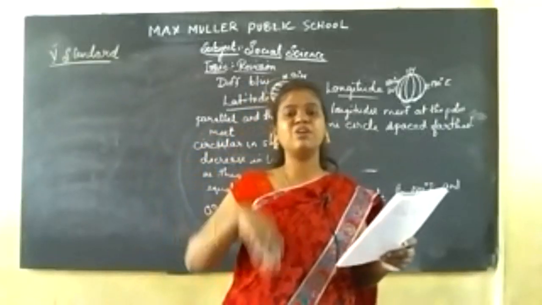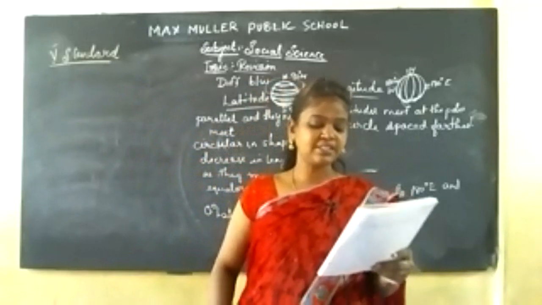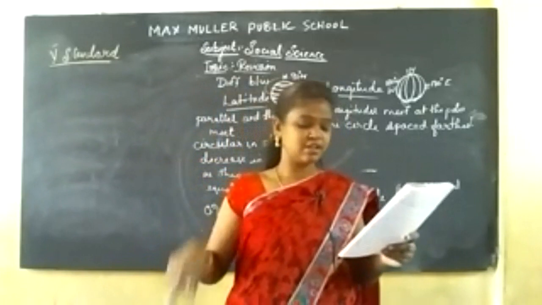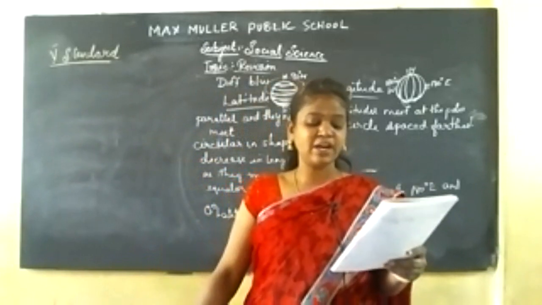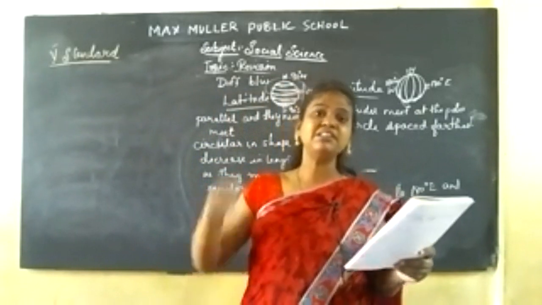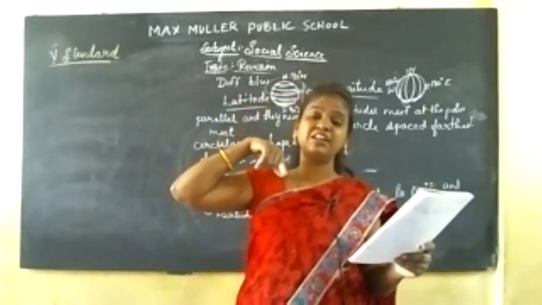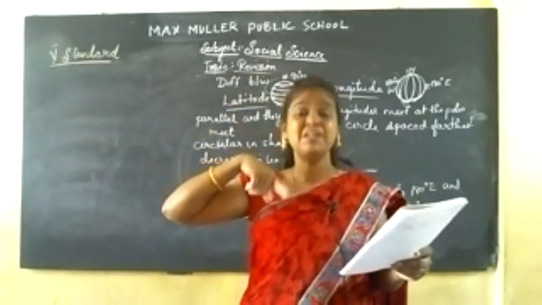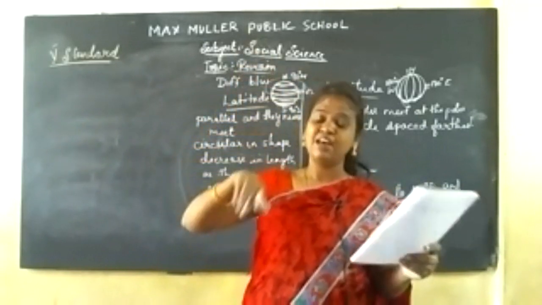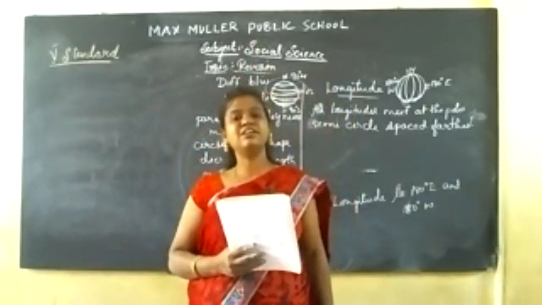It becomes smaller in size. Whereas longitudes are semicircles. So they are in a semicircular shape, spaced farther apart at the equator and coming to a point at the poles. The longitude is an imaginary line which is a semicircle in shape. It moves from the North Pole, crossing the equator, to the South Pole. Whereas here the longitudes meet at the poles.